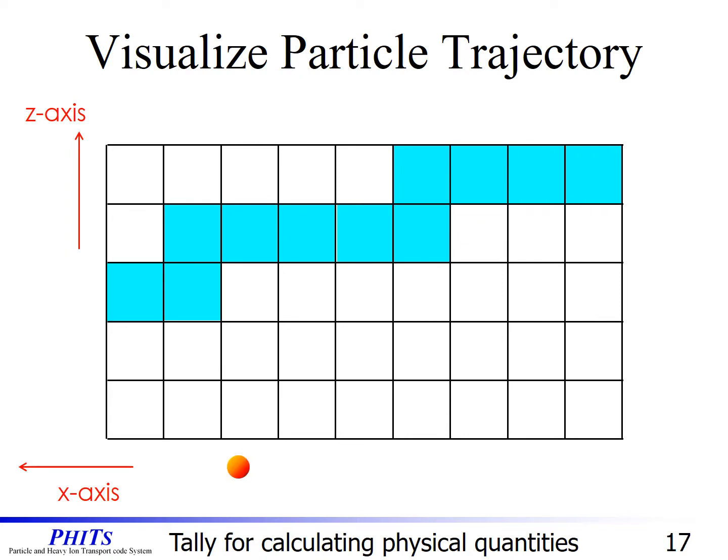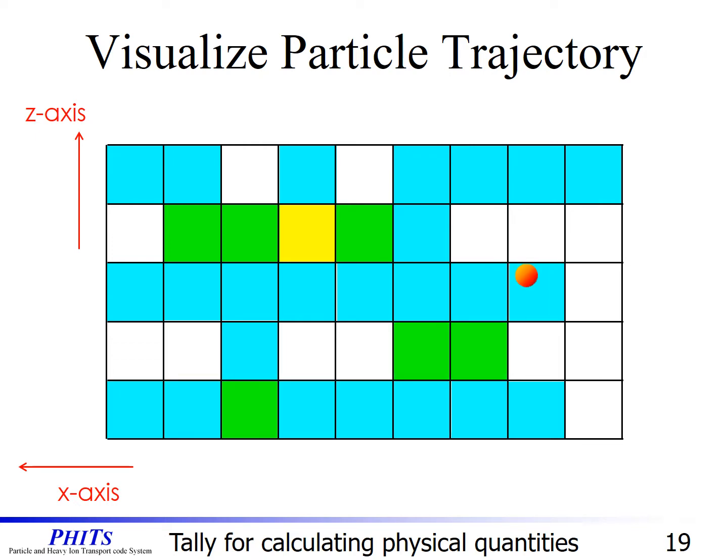Next particle passes through the region, and grids are colored along particle trajectory. Next particle enters the region. It is deflected, and grids are colored along particle trajectory. Next particle enters the region. It is deflected here and finally absorbed, and grids are colored along particle trajectory.